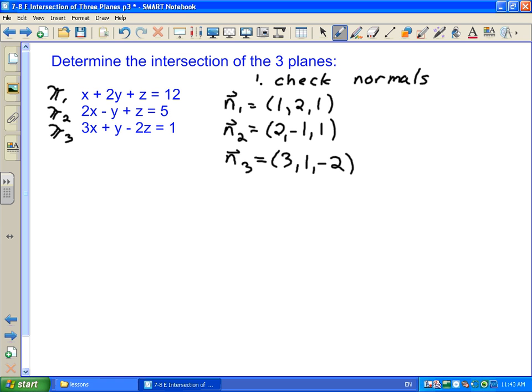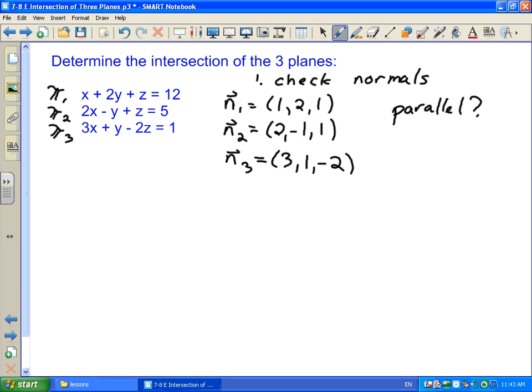And the first question we're going to ask ourselves is, are any of these planes parallel to one another? And we check this by looking at the normals. So looking at these 3 normals, is anything parallel here? Are any of these normals scalar multiples?